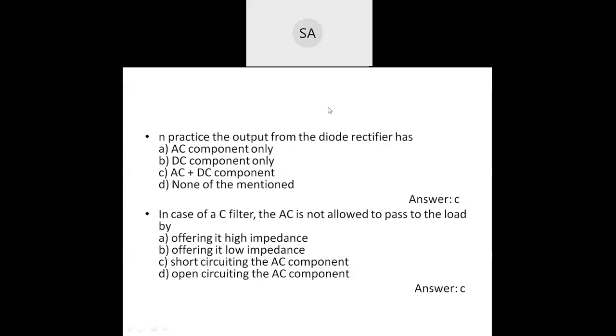If you connect the capacitor in series, it acts as an open circuit, and DC will not be allowed but AC will be allowed. So to block the AC component, we have to short circuit the AC component, so that the capacitor allows only the DC. In case of inductors, they should be connected in series. If you connect it in shunt, then it will allow the AC component also.